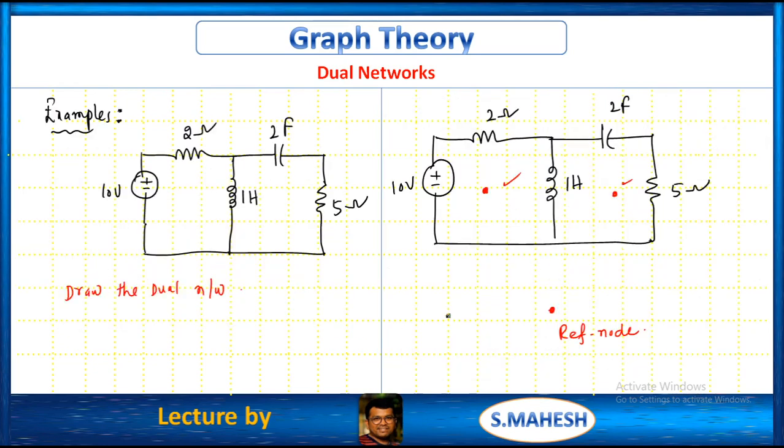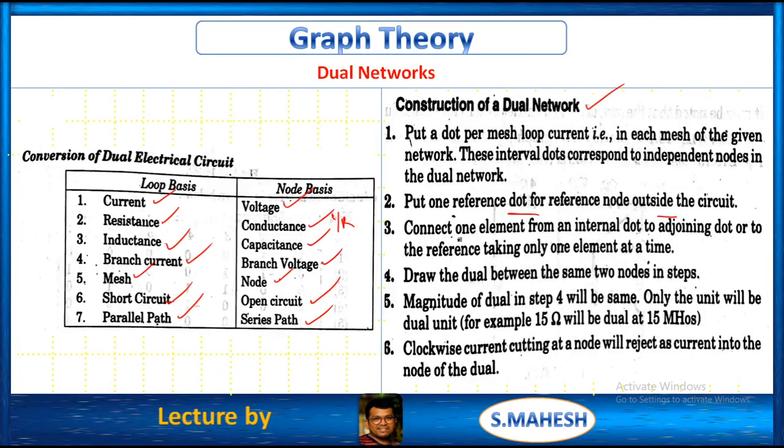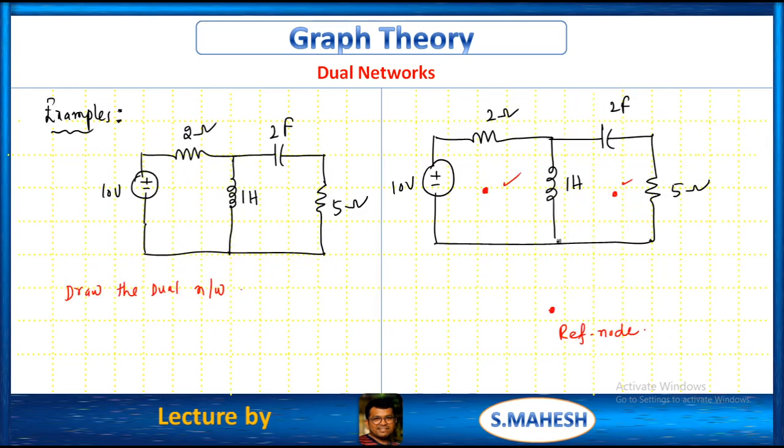It means we are connecting this dot to this dot, and in order to provide that connection, it is connected with one element only.